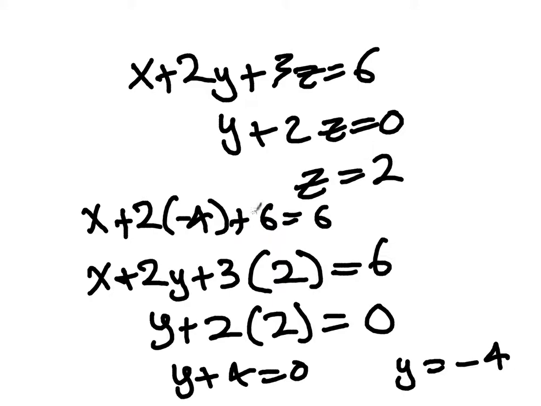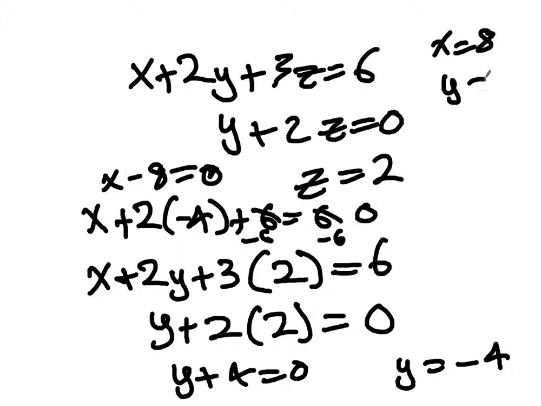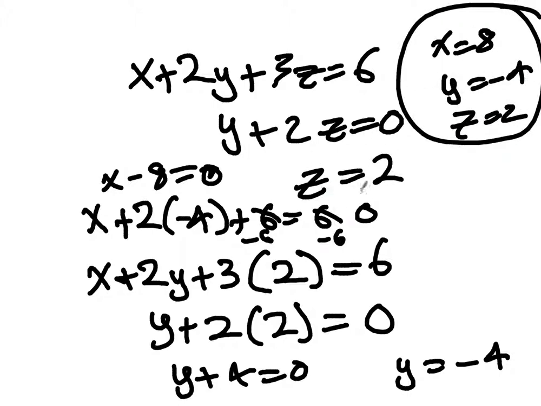And then I solve this equation. The 6's are going to cancel out, and this is 0 if I subtract 6 from both sides. And so I've got x minus 8 equals 0, so x equals 8. So x equals 8, y equals negative 4, z equals 2. Okay, when one of the variables is solved for you, it's a very quick problem.